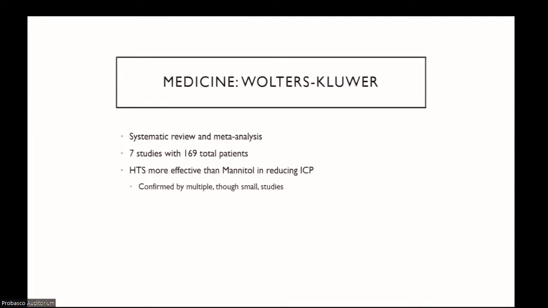And then this medicine by Wolters Kluwer, the systematic review provided a lot of good information. Its research kind of dove into a bunch of different studies. The primary objective was a change in the ICP from baseline to termination of the medicine, and a secondary objective of change in ICP at 30, 60, and 120 minutes after terminating hyperosmolar therapy.